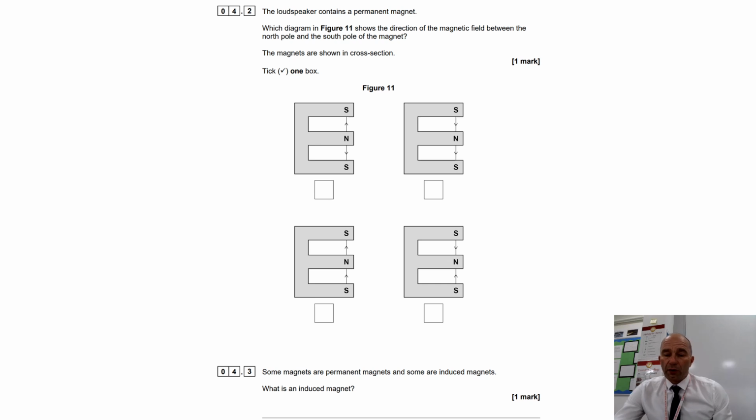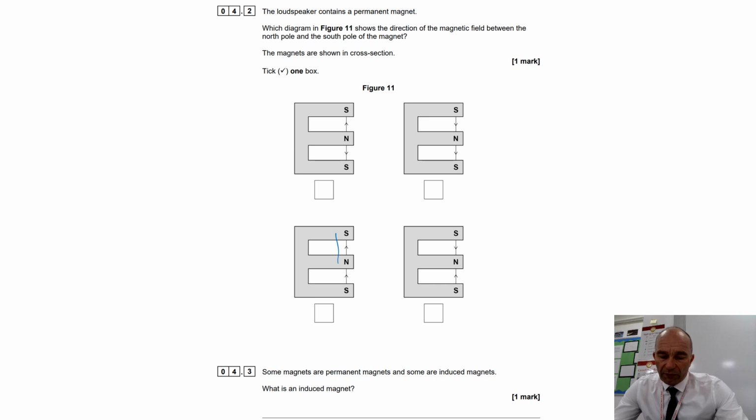Question 4.2, the loudspeaker contains a permanent magnet. Which diagram in figure 11 shows the direction of the magnetic fields between the North Pole and the South Poles of the magnet? The magnets are shown in cross section. This one, you just got to remember that our magnetic field always goes from north to south. So if you look at the different diagrams, you can then quickly work out which ones are clearly not correct.